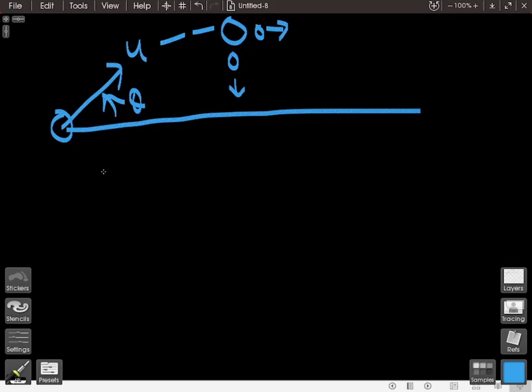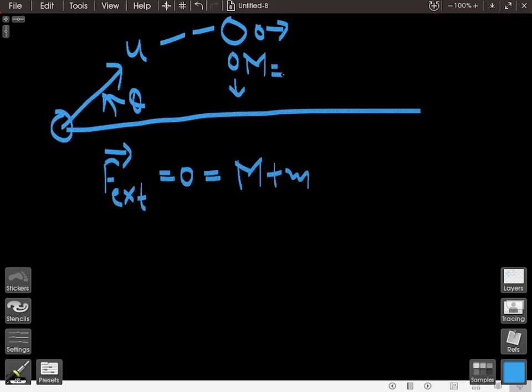Okay, as the force that caused the explosion was internal, the external force is 0. So if we take the total mass, big M plus small m, big M is the mass of the bigger piece, which is 9 kg. The second piece, which is the smaller one, small m, is 5 kg.